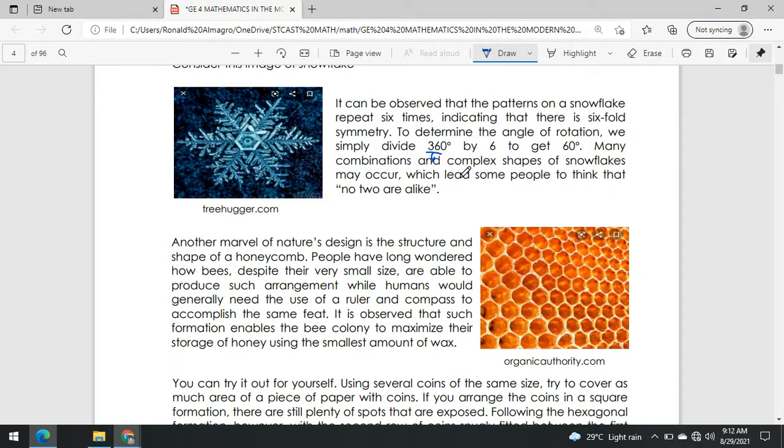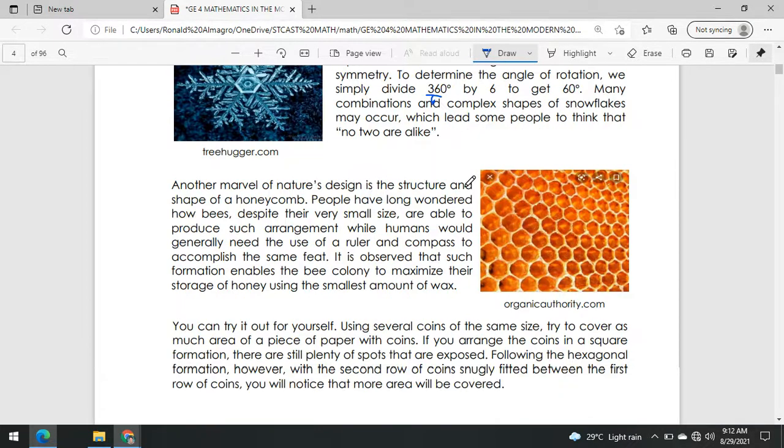Many combinations and complex shapes of snowflakes may occur, which leads some people to think that no two are alike. Another marvel of nature's design is the structure and shape of a honeycomb.